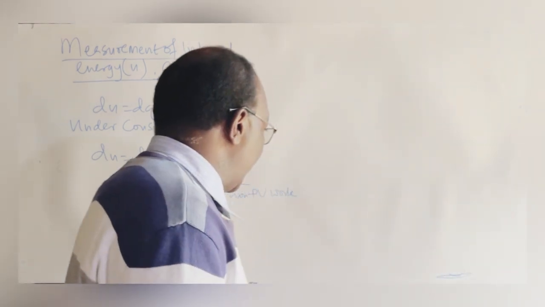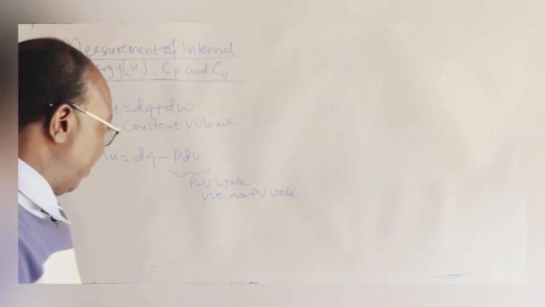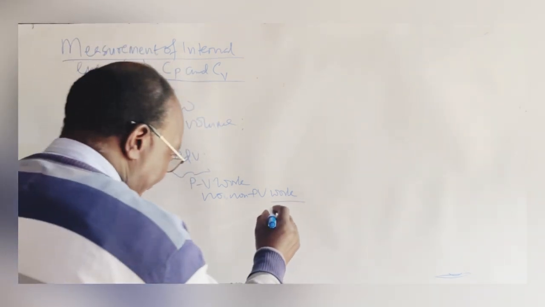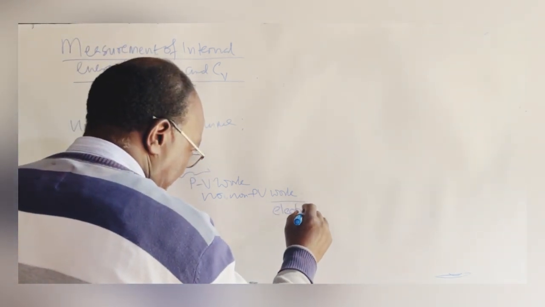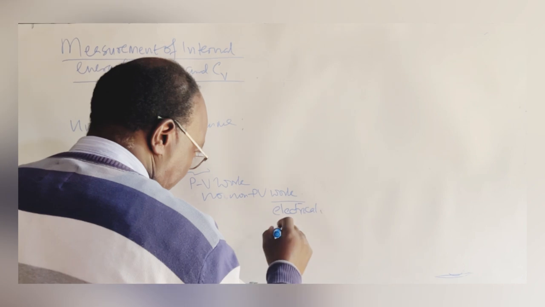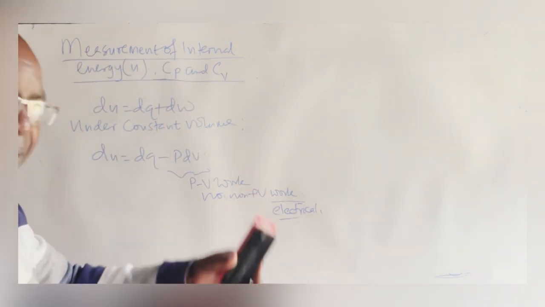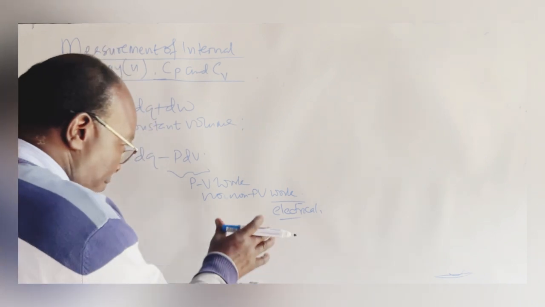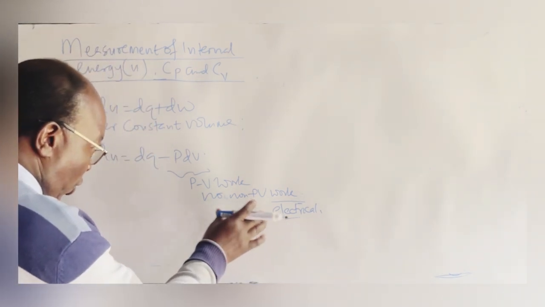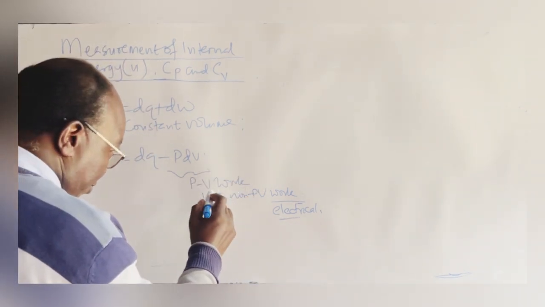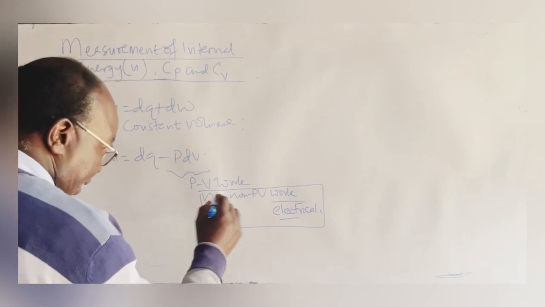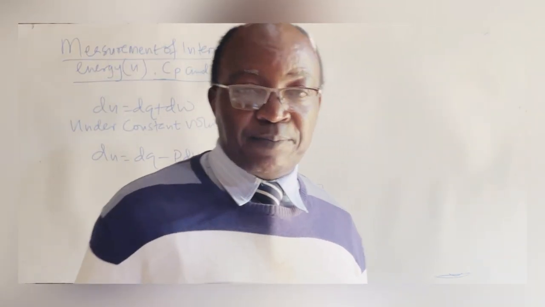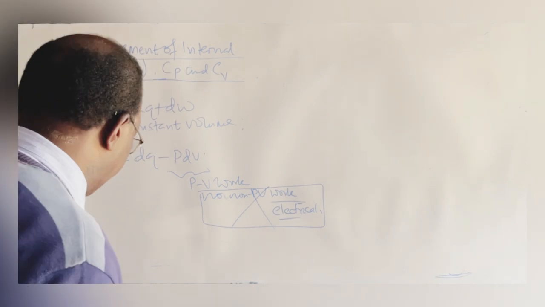So it is very important to know that there are other forms of work: electrical work, tension work, so many things. So don't act as though it is only PV work. There are other forms of work, only that they are not important to us in our discussion at that particular point in time.